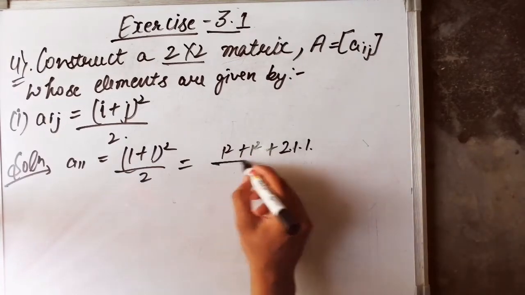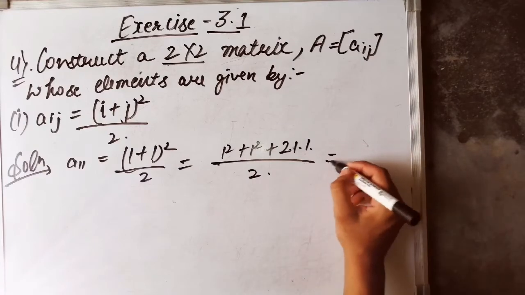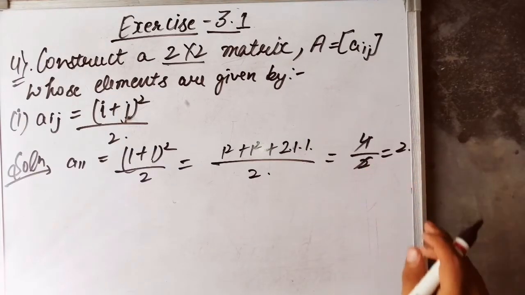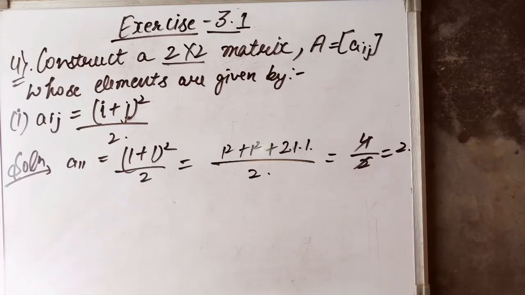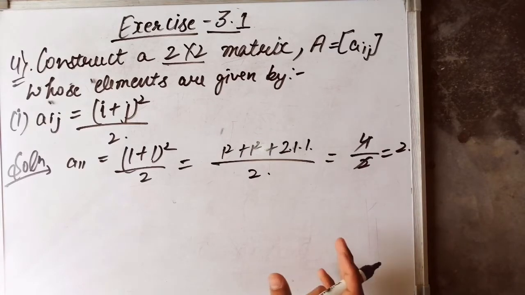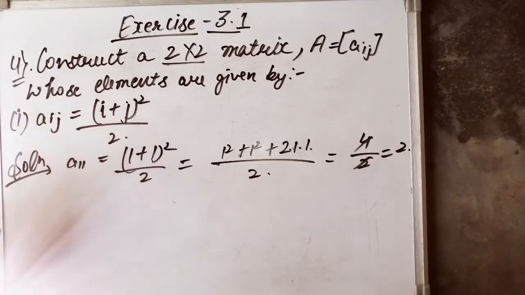Okay, divide by 2 equals 2. Some of you are thinking that when I was saying that (1 + 1)² is not equal to 4, then why did I use this (1 + 1)² identity? We can simply write 4 here.